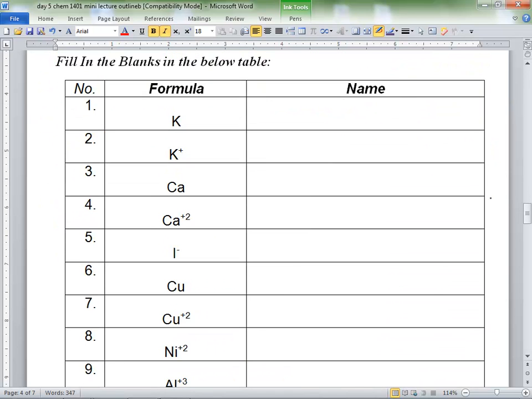Yeah. Okay. Let's try some of these here. Danielle. Jorge, how would you name this first one? It's just K. K was, there's the P, potassium. K plus, Alejandro.